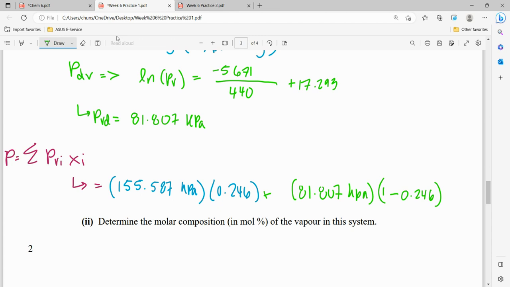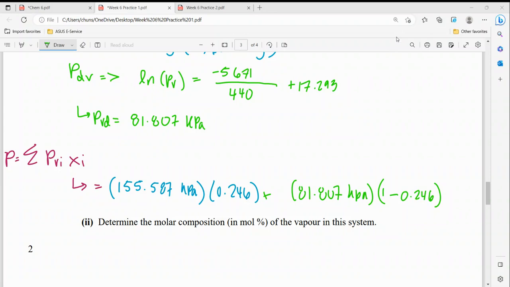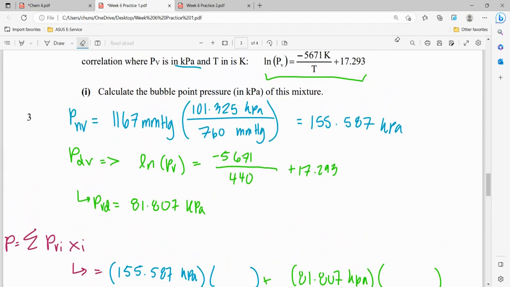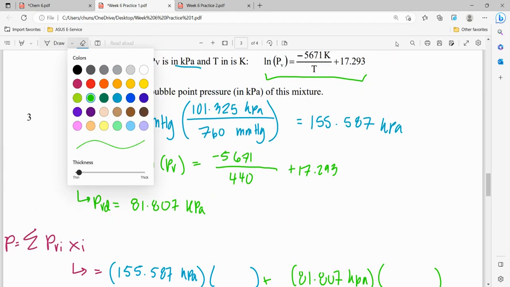Sorry, I also made a mistake. This is not the one that we use. Apologize. So we're going to need to do our own separate calculation for this.